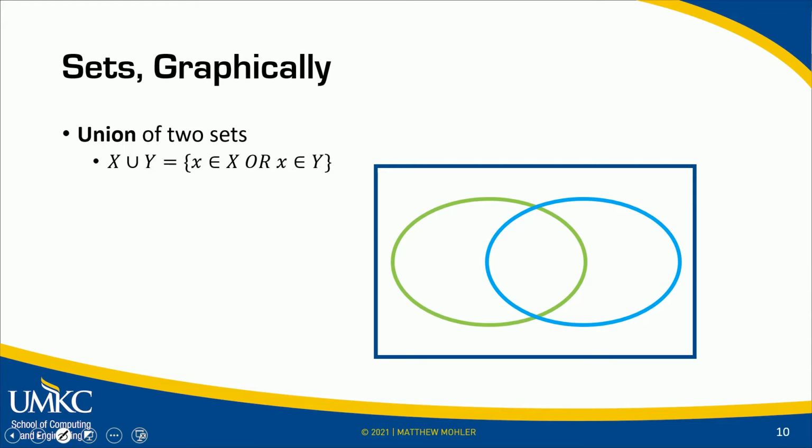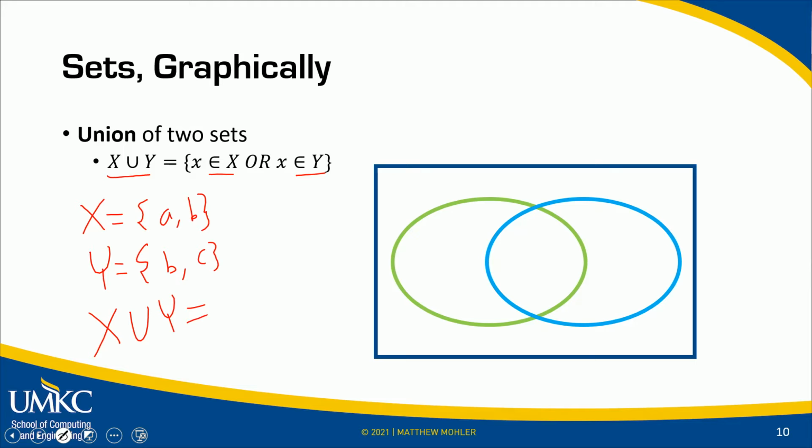And the union of two sets is written as X union Y, and this is equal to all of the elements of X plus all of the elements of Y. So we're saying if it is either in the set X or in the set Y, then it is going to be part of this X union Y. So if we have an X that is equal to A and B, and a Y that is equal to B and C, then we can say that X unioned with Y is equal to A, B, and C. And again, you'll notice that B is not in here twice.